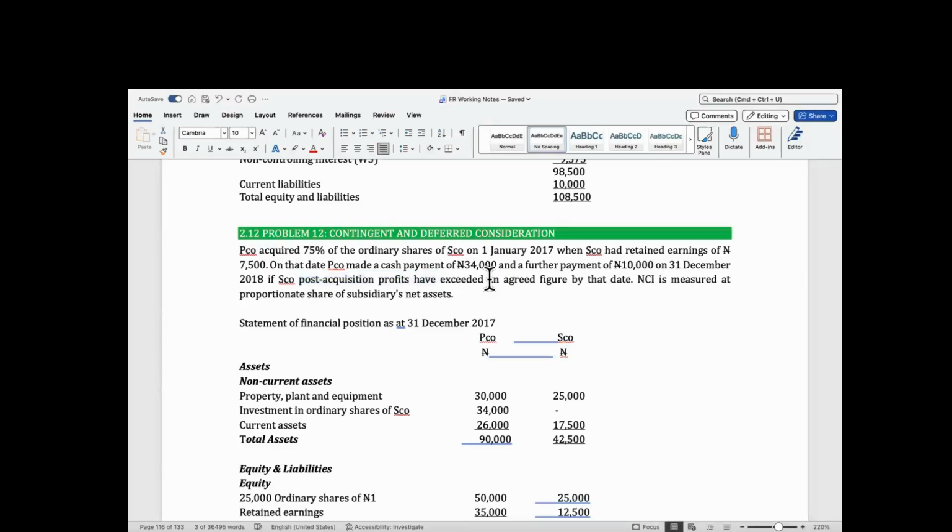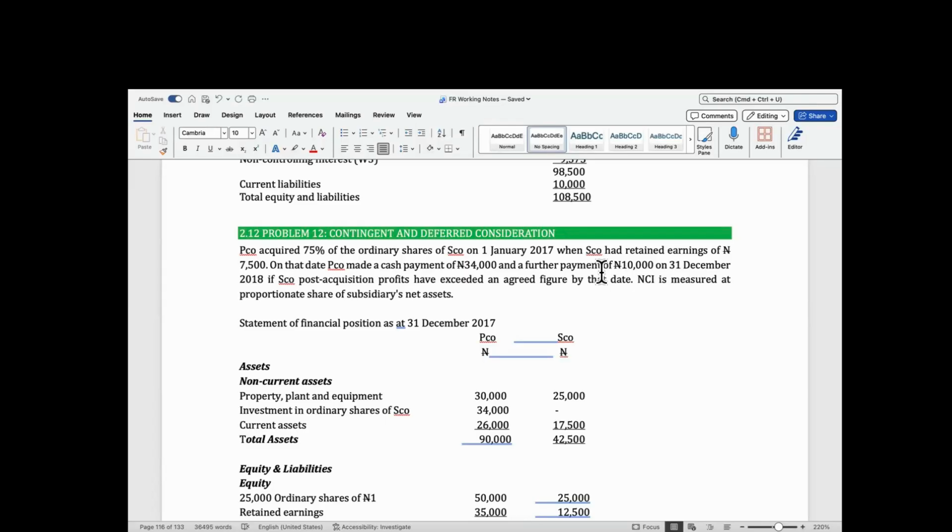It is going to make a payment if certain conditions happen. In this case, if the subsidiary is able to exceed a particular profit figure, he said he will give him an additional 10,000. That's contingent consideration. It's almost the same thing as deferred, just that for deferred consideration there's no condition attached. It's just I will give you extra money.